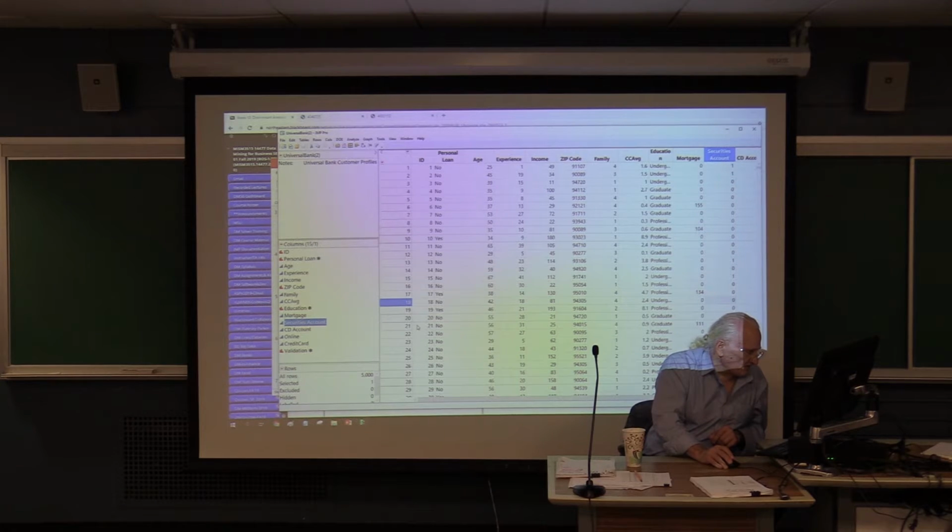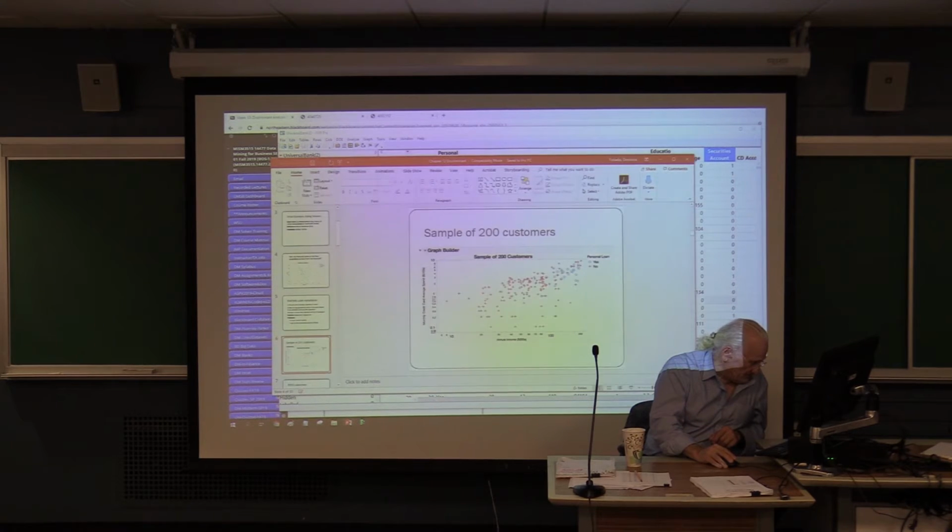Okay, so the thing is that if you do, which columns? Annual income. If you take a sample of 200, okay, and you do a scatter plot, annual income and monthly credit card average.